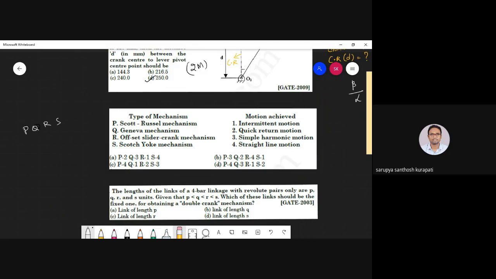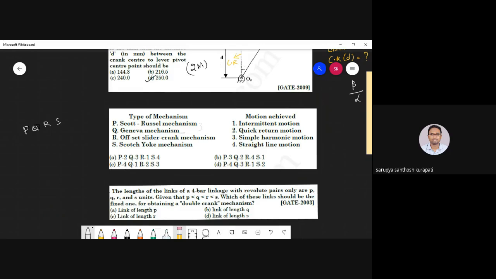What is the Scott-Russell mechanism? You don't know, sir. Don't worry, I'll explain Scott-Russell and Geneva.